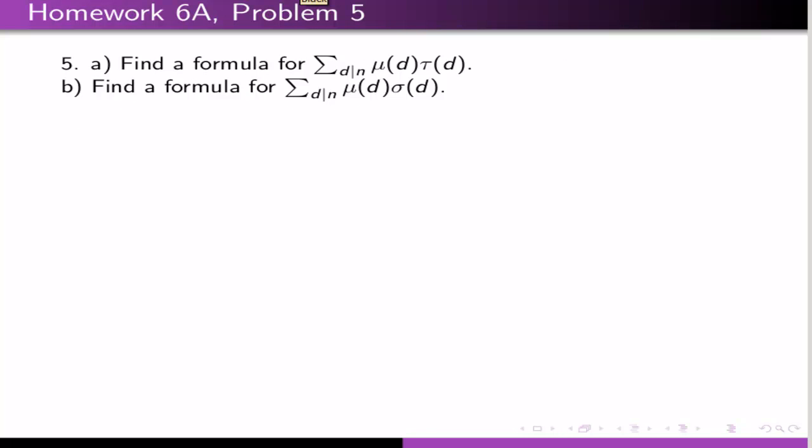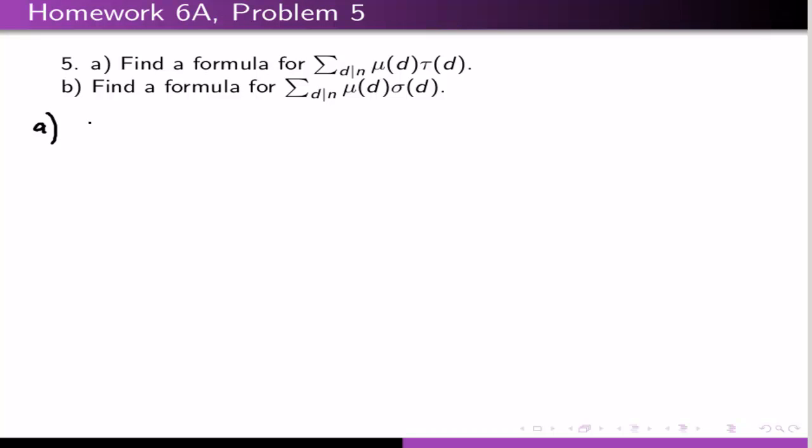Find a formula for sigma of mu times tau and sigma of mu times sigma. Okay, so we have a standard technique for doing these when you have a multiplicative function. Let's just look at part A. Part B is exactly the same.